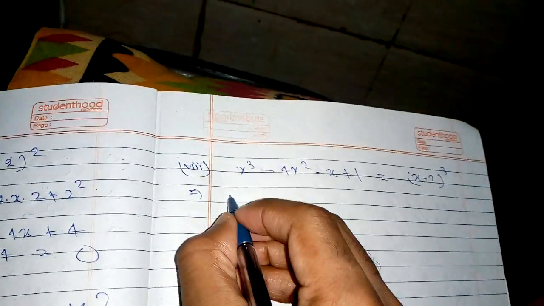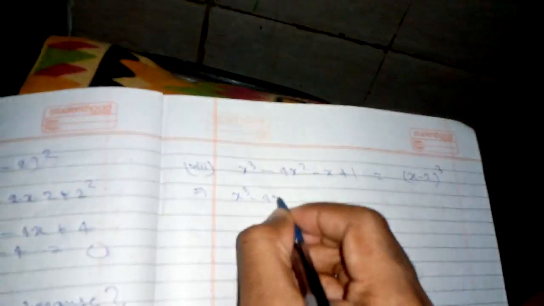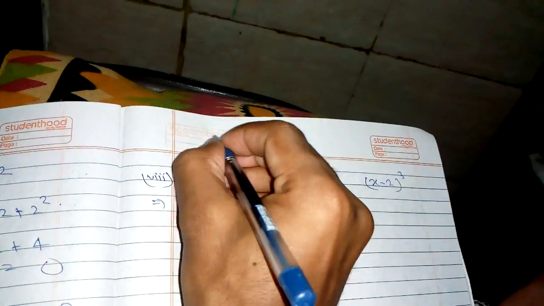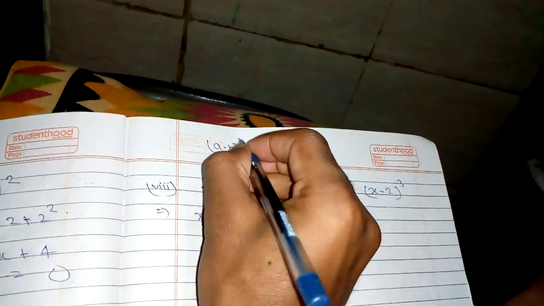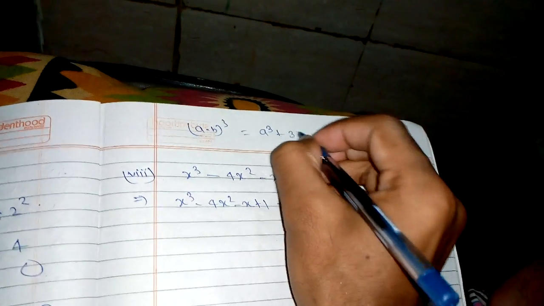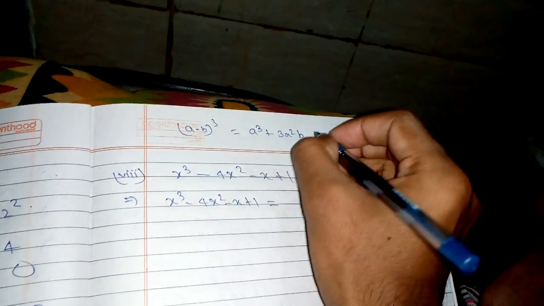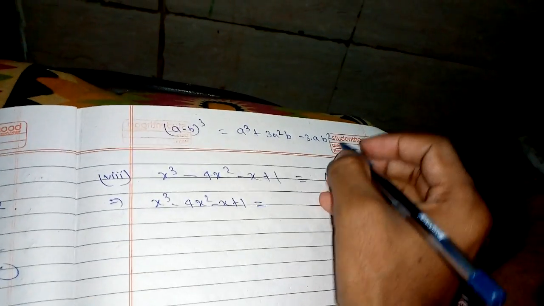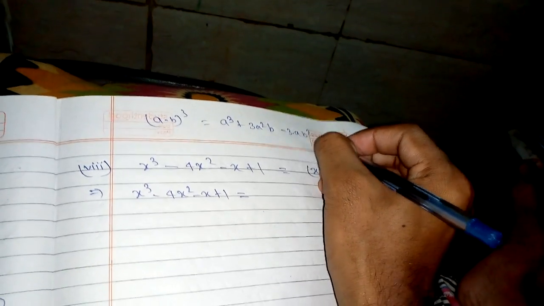Simplify it. There is no calculation in the left hand side. Okay, right hand side apply (a minus b) to the whole cube. What is the formula? a cube minus 3a square b plus 3ab square minus b cube.